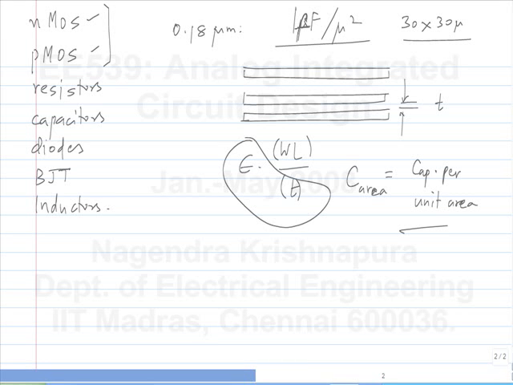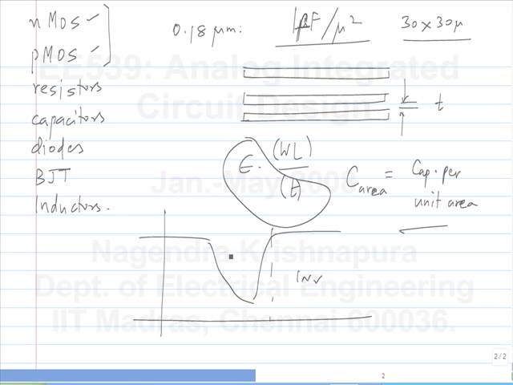If you look at the CV curve of an NMOSFET, it is in the accumulation region, then it's in the depletion region, and then it goes to the inversion region. So you can use it either in the inversion region or in the accumulation region to get a large capacitance.